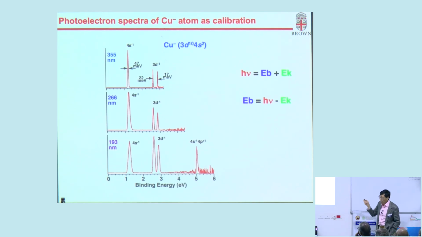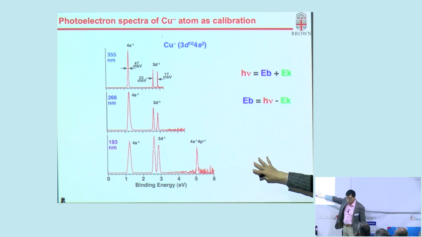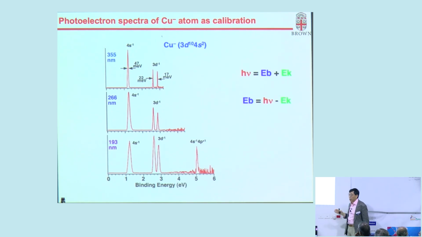This is a calibration spectrum that we use. We usually use a copper atom or gold atom. This also shows you how photoelectron spectroscopy works, right? Looking at the copper atom, the valence electron configuration is 3d10 4s2. If you remove an electron from the s orbital, you see this beautiful peak that also tells you the electron affinity of the copper atom.